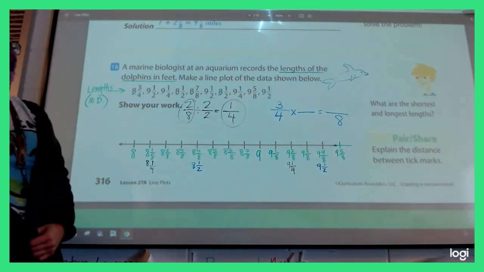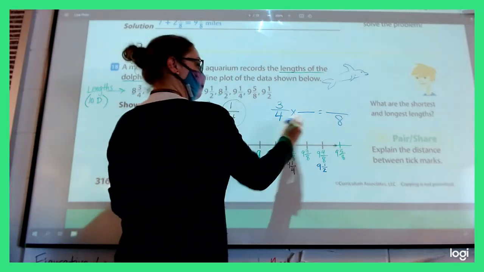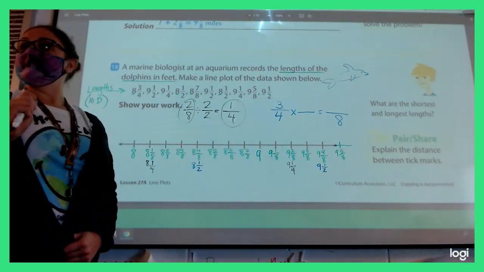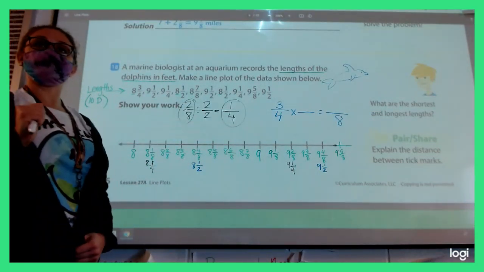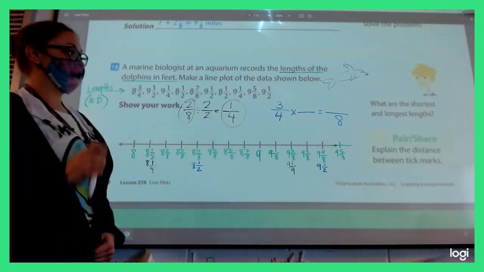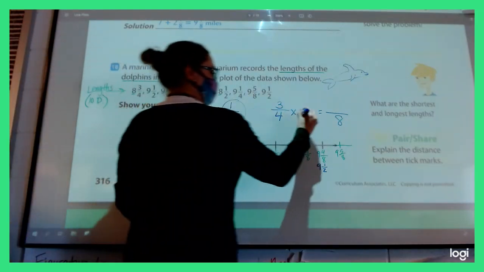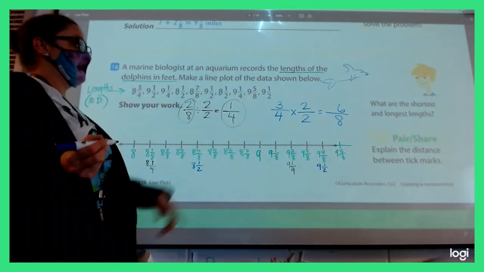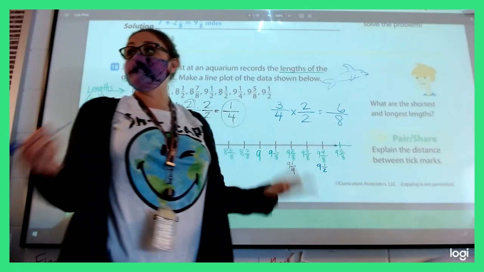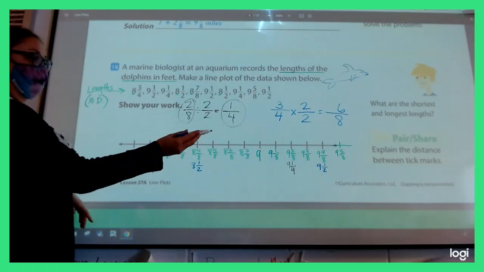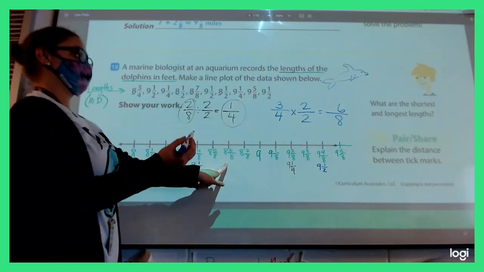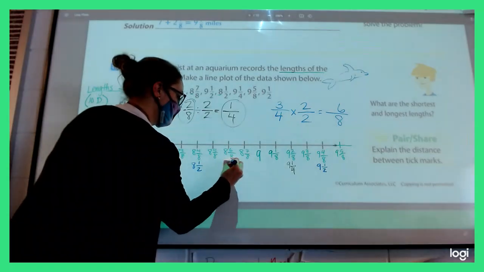What has to go here to make this sentence true? There's only one number that'll work. Thank you, the three of you that are participating. It's making class go a little bit better. Angie? 2 and 2. Has to be a 2. 3 times 2 is 6. So Noah was right. 3/4 and 6/8 are equivalent. So anywhere we see a 6/8, we can also say it's 8 and 3/4.